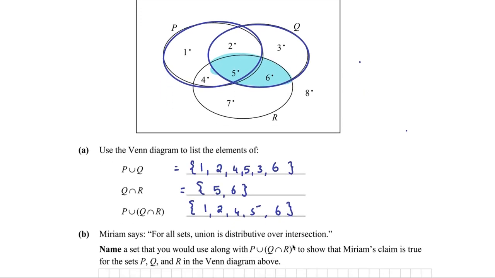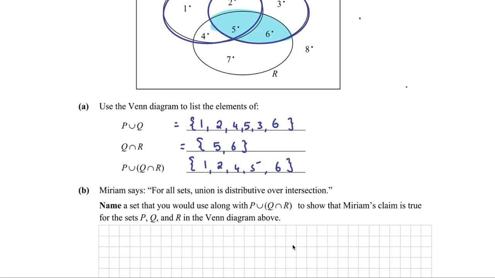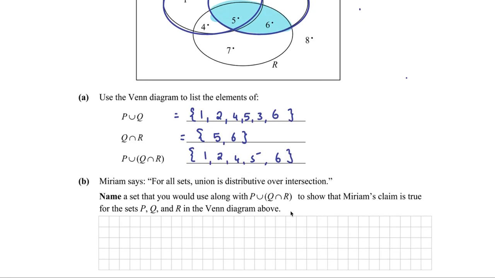Let's keep going. The next one is a bit of a step up now. So Miriam says for all sets, the union is distributive over the intersection. Name a set that you would use along with P union with Q intersection R to show that her claim is true.